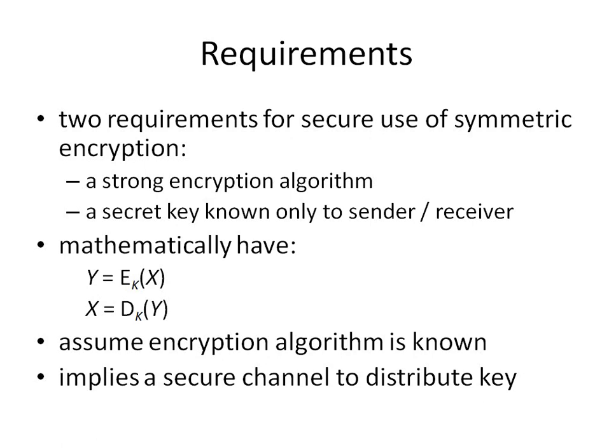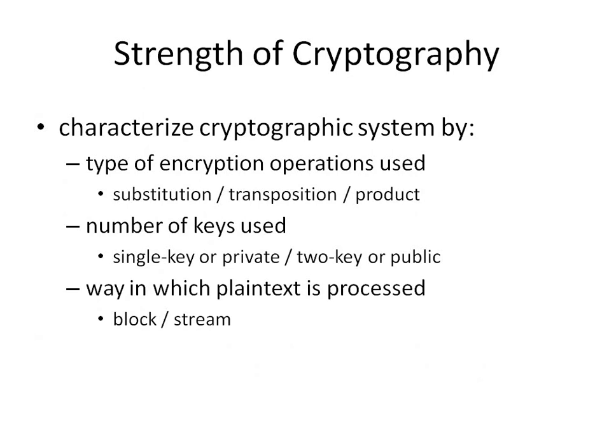For generating the key or the encrypted text, we use some mathematical concepts to increase the security. Assume the encryption algorithm is known to both the sender and the receiver, and we have to distribute the key through some secure channel. The strength of the cryptography relies on the type of encryption technique we use, the number of keys we use, and finally how the plain text is processed.